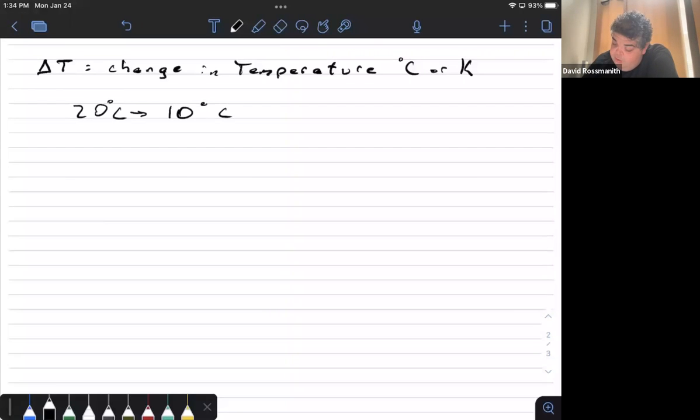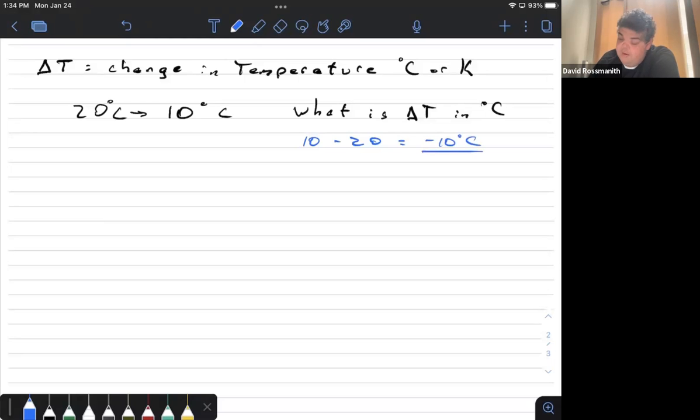So first thing I'm going to do is, what is delta T in degrees Celsius? Well, that's easy. Delta T is final minus initial. So 10 minus 20 is negative 10 degrees Celsius. So the change in temperature was negative 10. I reduced it by 10 in Celsius.